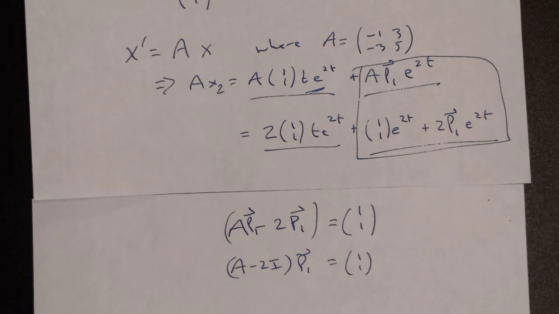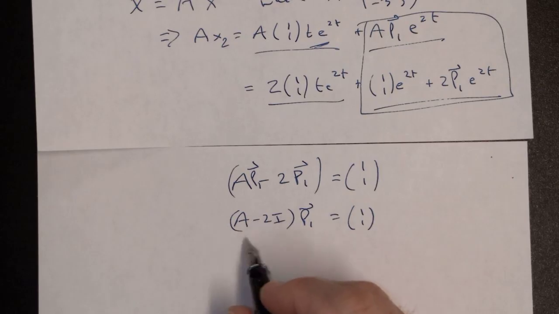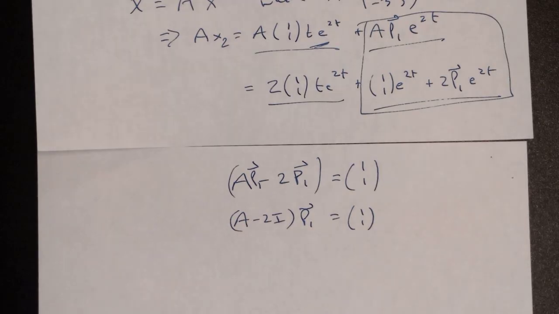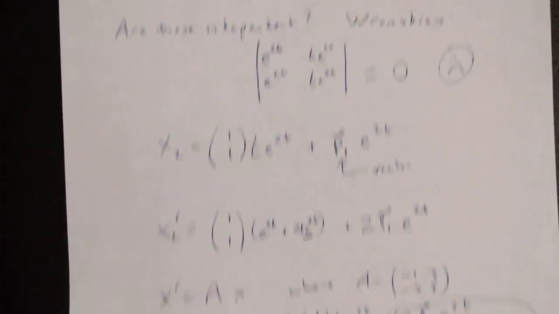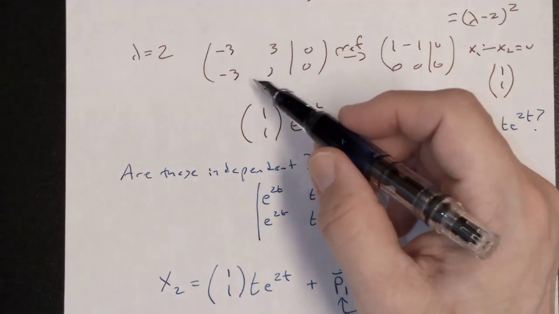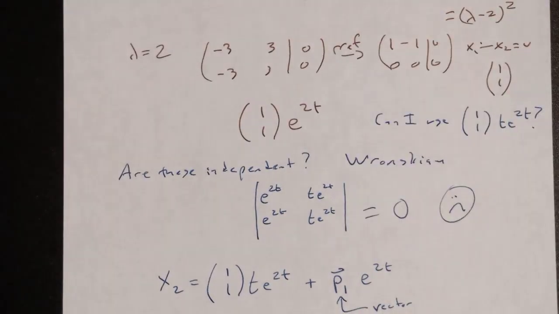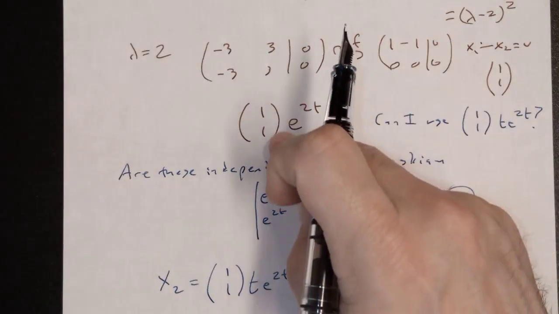Hey. A minus 2I. Isn't that the same thing we did where we put in lambda equal 2? Way back up here, we put in 2. We got A minus 2I right here. But now instead of 0, 0 on the other side, I want to put the (1, 1) on the other side.